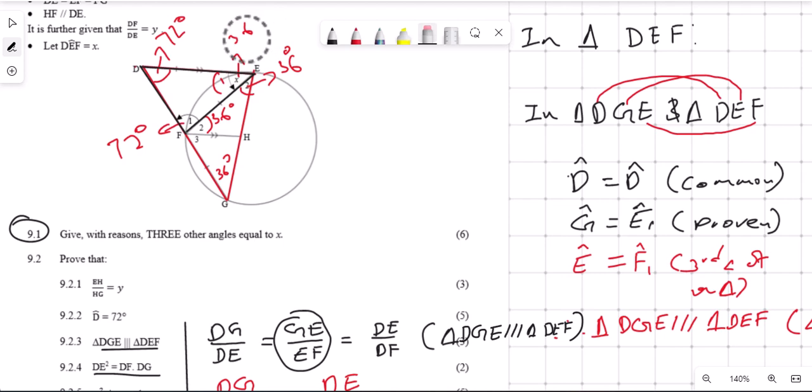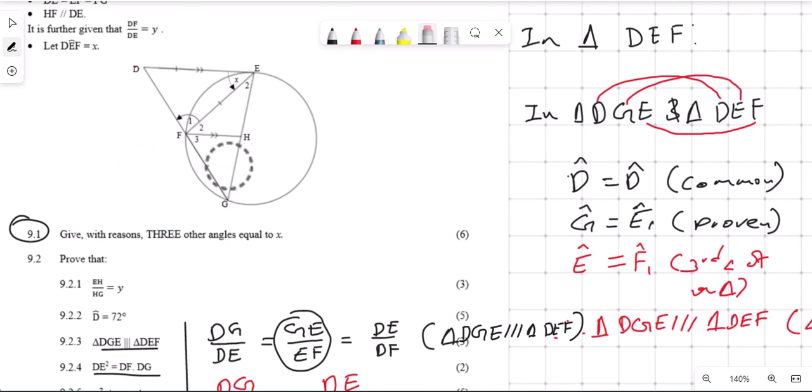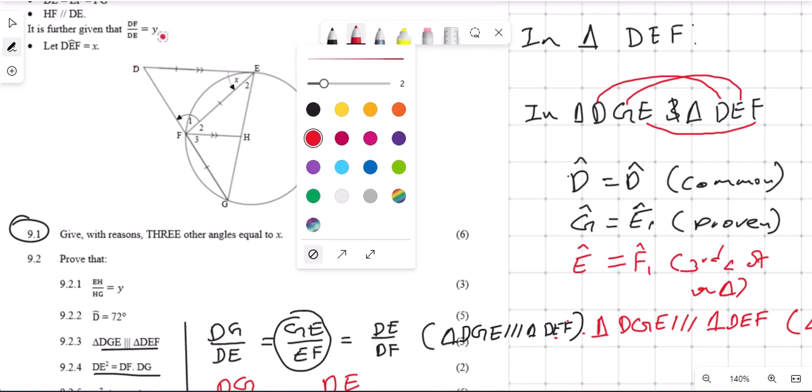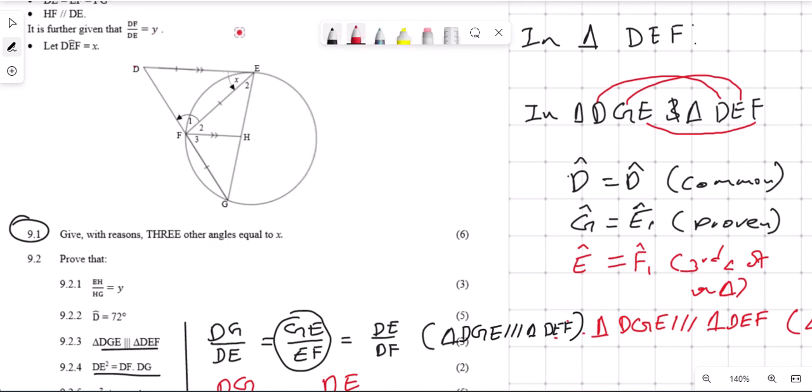Can I remove this? Yes. Trying to go back now. Well, we saw y, so our hint here was y. That's why we say this DF over DE is y.